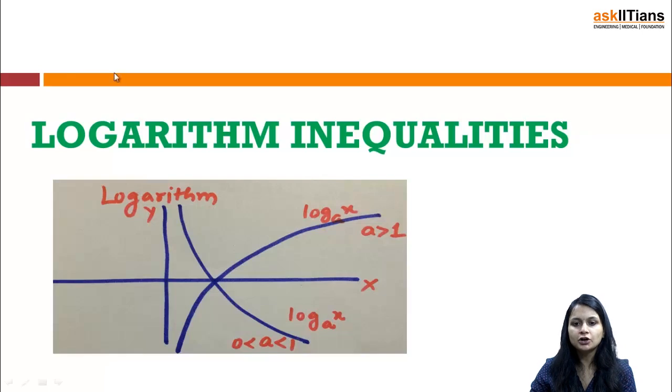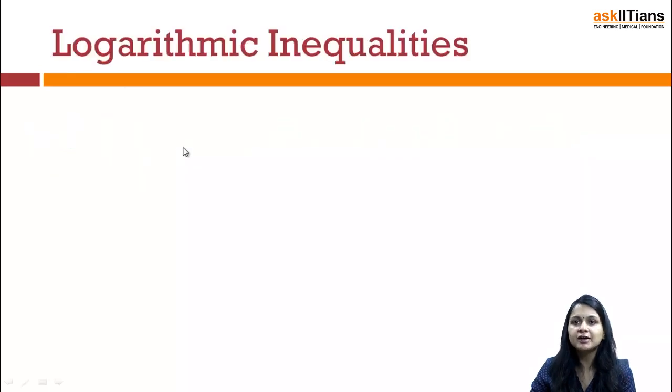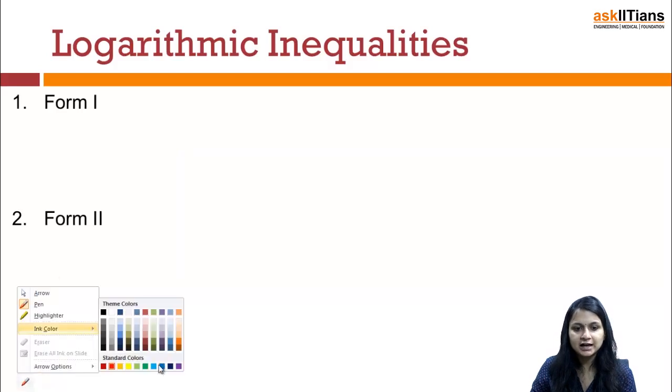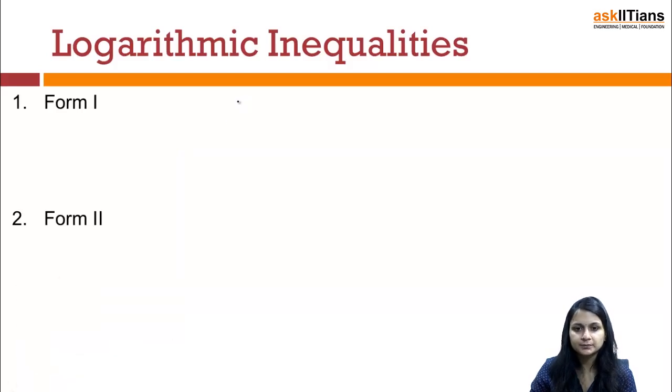Now when I talk about logarithm inequalities, we have logarithm inequalities in two forms. Before going in detail, let's first understand what is a logarithm function. Suppose I take the logarithm function as log n to the base a.